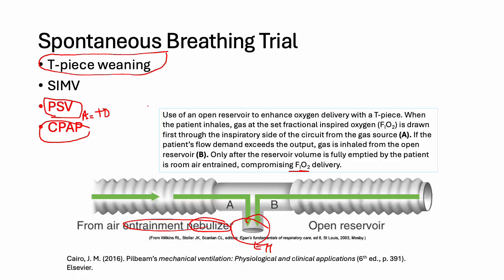That can also be used as a spontaneous breathing trial. Okay, but as I've mentioned, because the pressure support was initially created to overcome the work of breathing imposed by the airway resistance of the circuit as well as the ETT, most clinicians will use PSV as the preferred spontaneous breathing trial mode. Okay.